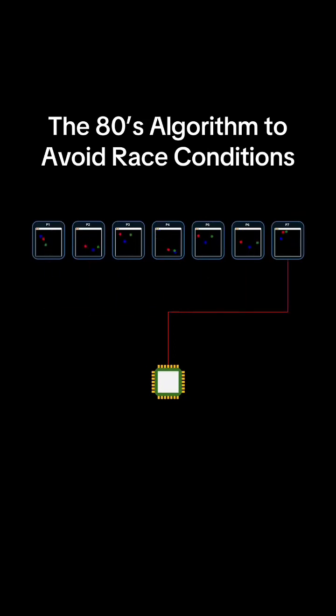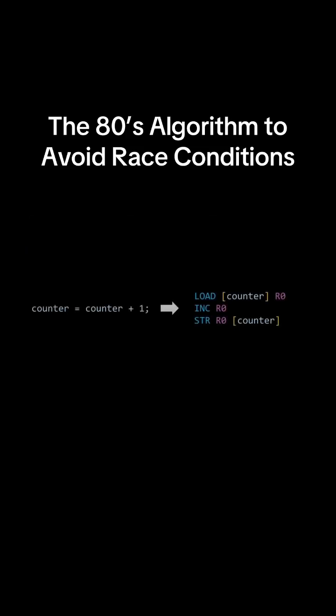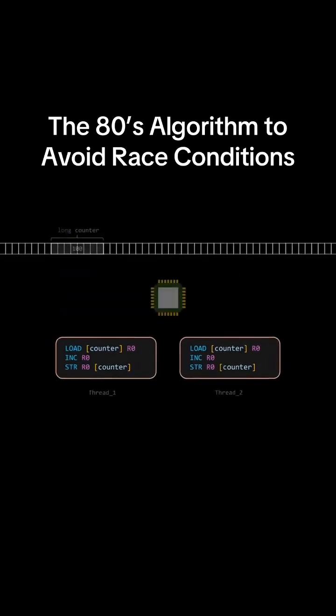This switching happens so quickly that it creates the illusion that everything runs at the same time. The problem is that since some tasks don't finish in a single step, if such a task is interrupted in the middle of modifying data, and another task accesses that same data, it may access it while in an invalid state.